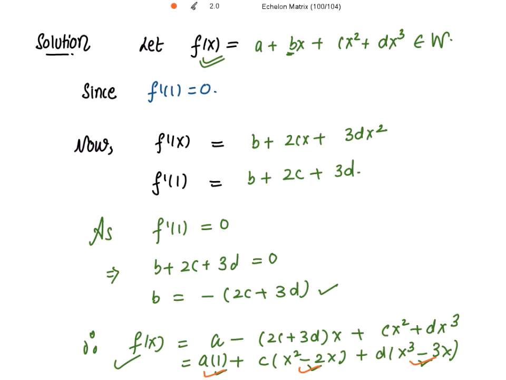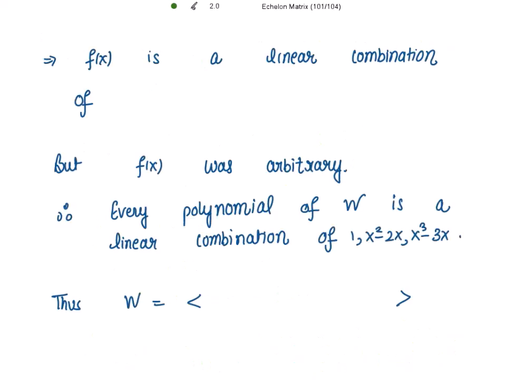So we say that W is generated by these three polynomials. Very fine.